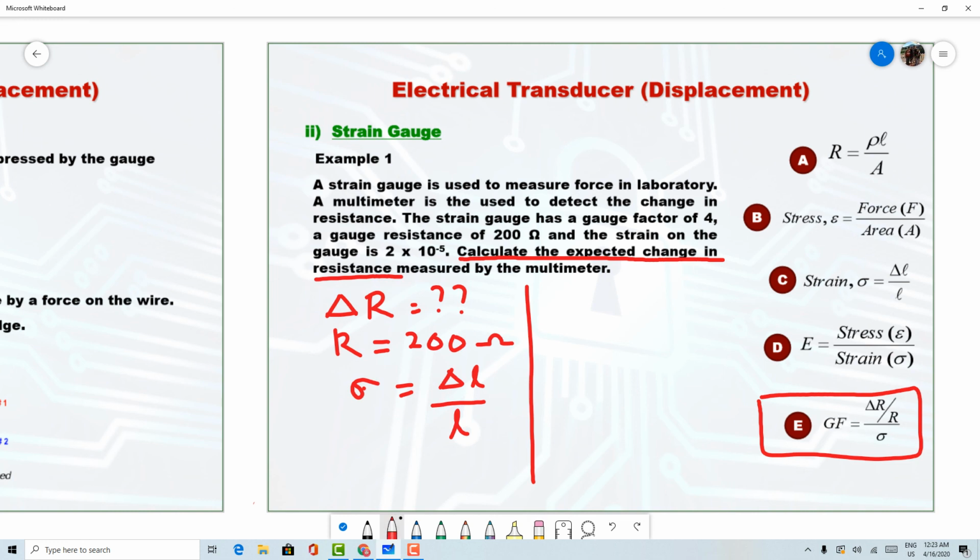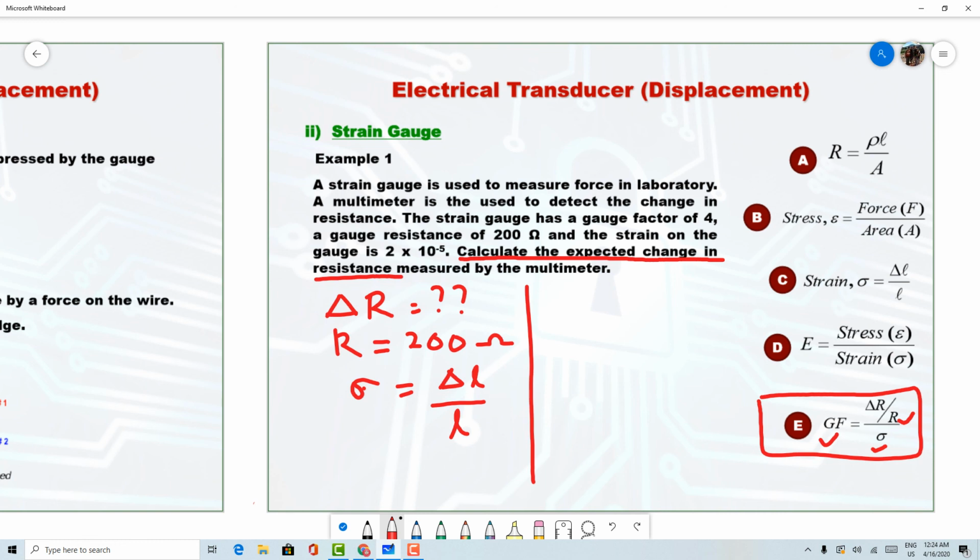They give a gauge factor. This is given, and this is also given, and the strain is also given. Now from there you can calculate your expected change in resistance when we use our strain gauge to measure force.